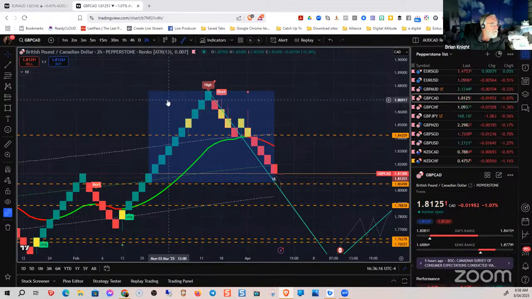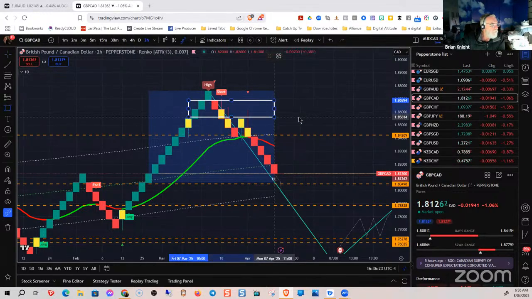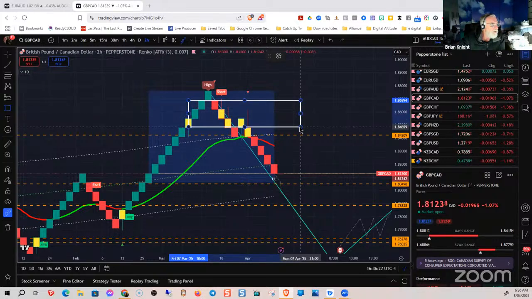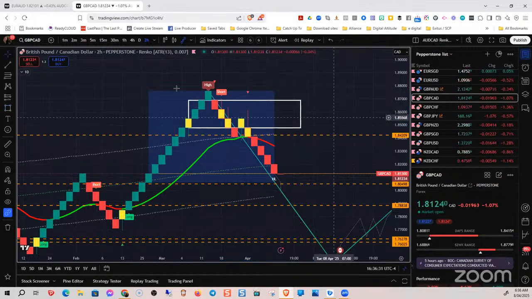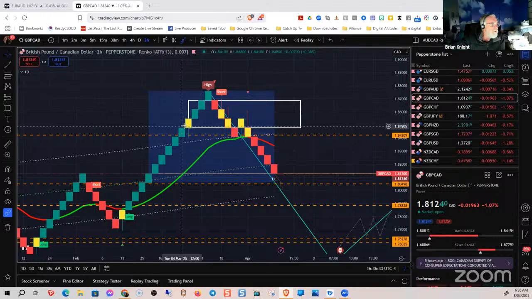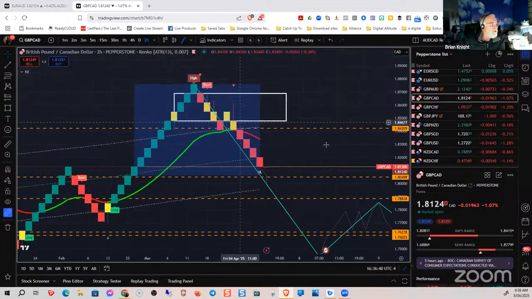Potentially there. Exactly. Perfect. Take the top one off. You got the yellow there. It broke that wick there, but then it pushed back up and then it dropped off. But you got the short there. That's right.